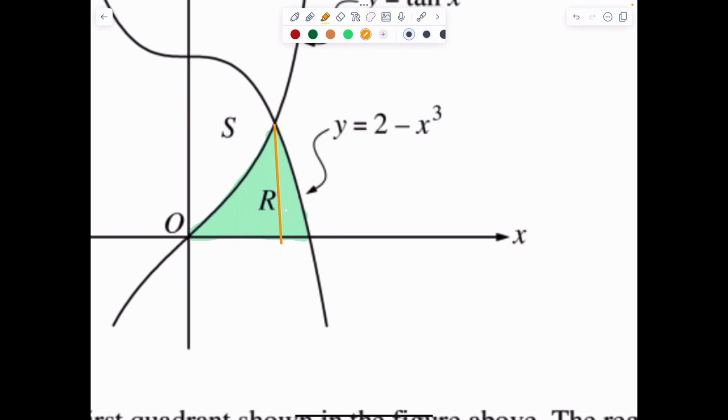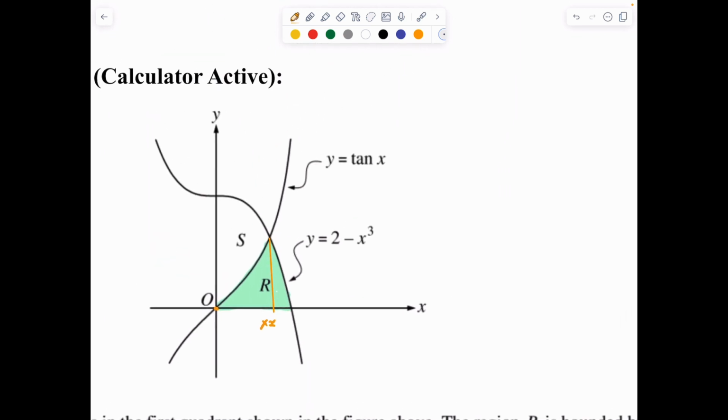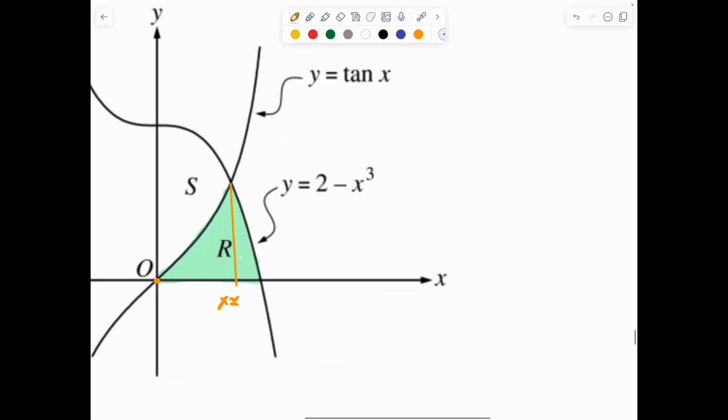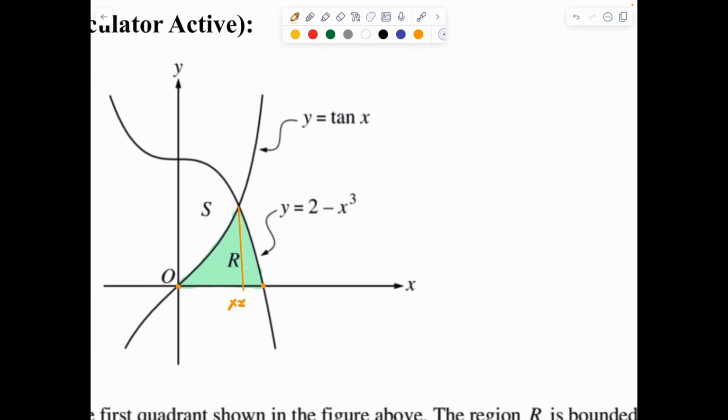If we find this x value for the point of intersection, we can integrate from 0 to that x value, and that'll give us the area because tangent is positive on that interval. And then we can integrate from that x value to this x value for 2 minus x cubed.